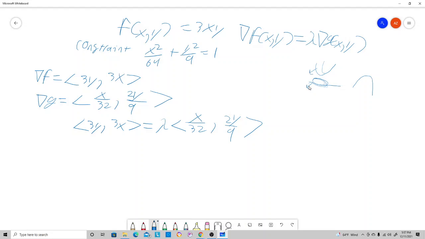So when both of these gradients are equal to each other, as long as they're equal up to a certain scalar multiplier, that means that's the absolute lowest point.